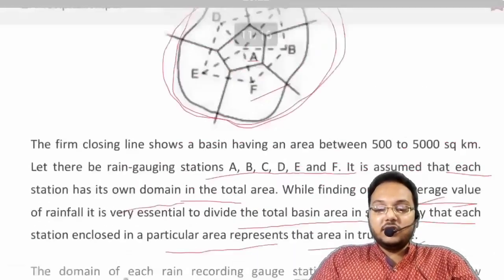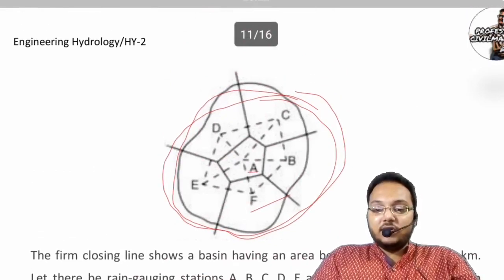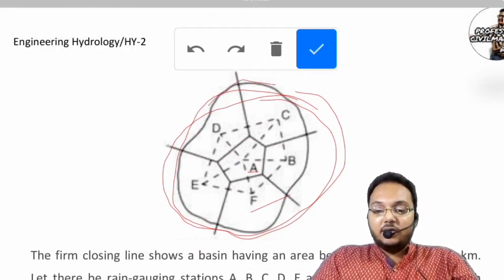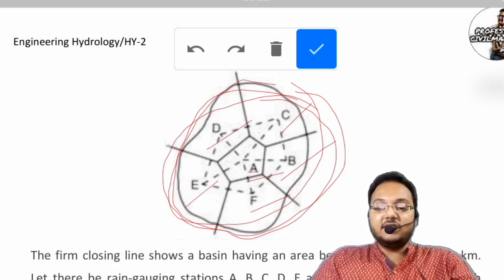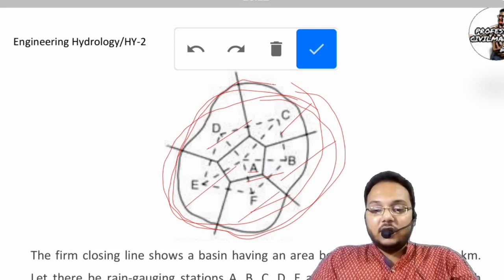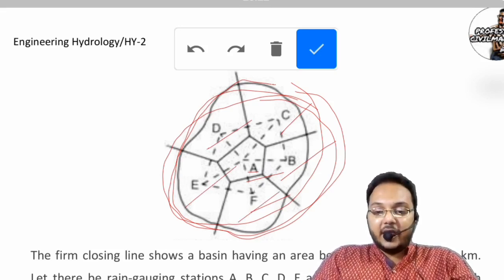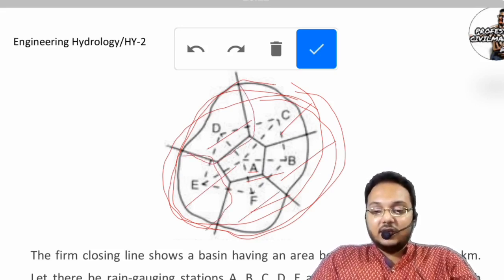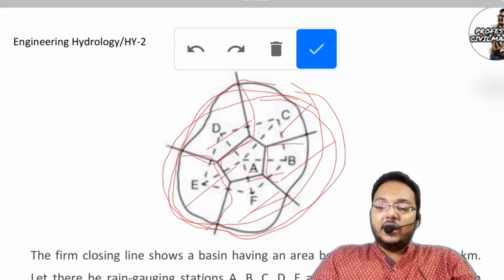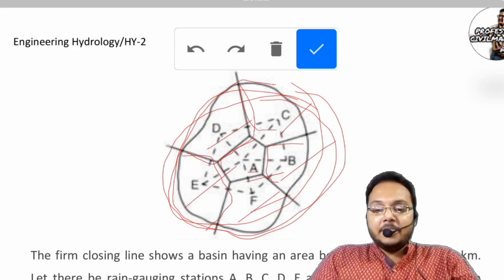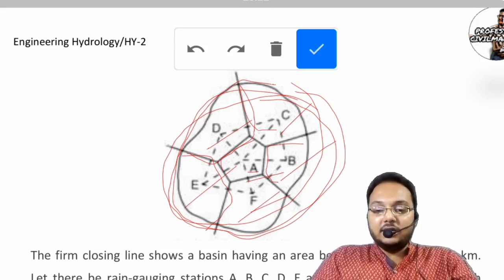So what we are going to do, just see in the figure, suppose this one is the catchment, and we have A, B, C, D, E and F as the 6 rain gauge stations. So we are going to first divide it into sub catchments somehow like this, giving some quadrilateral shape, and then we are going to connect them by some dotted lines, thus forming a network of triangles.